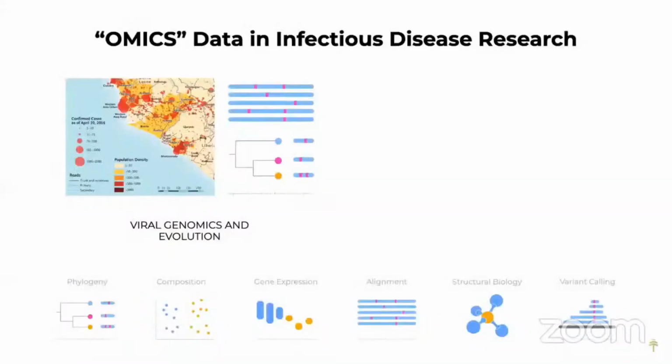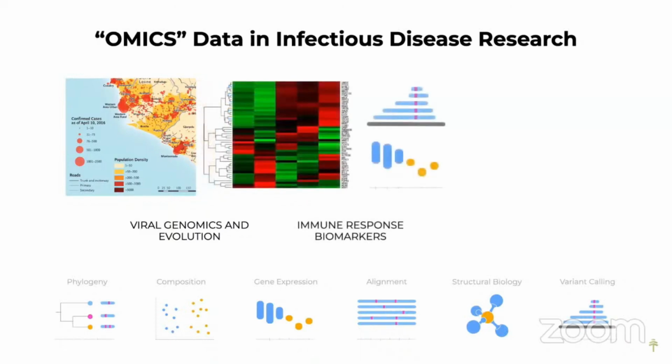We can look at how viral genomics and evolution can help us understand the spread of a disease and identify variants of concern in pathogens, or genetic predisposition of some populations to be more susceptible to acquiring disease and potentially have worse outcomes. We can look at immune responses, where we characterize gene expression and study biomarkers or genes that are associated with a particular response.